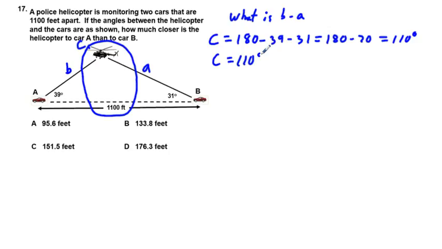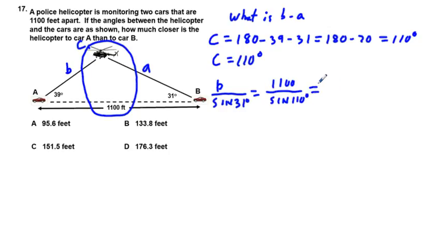110 degrees. And so we can use our ratio, or law of sines, to figure out these other sides. Unfortunately, we're going to have to find each one of these sides, because to find the answer we need both. So side length B is to the sine of angle B, which is sine of 31 degrees, as the side length C, which is 1,100 feet, is to the sine of 110 degrees.